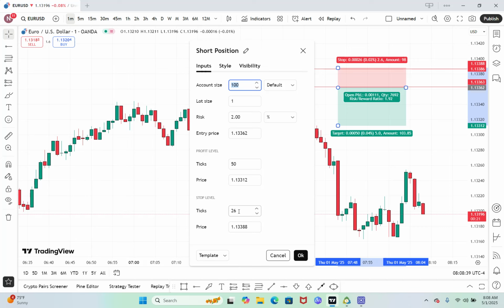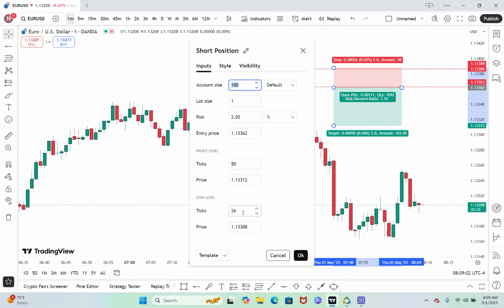So 3 times 26 is 78 pips. So all I have to do is just type in 78 right here.